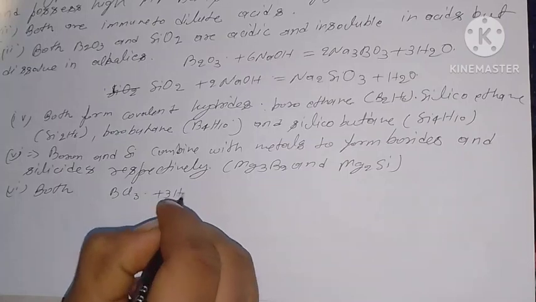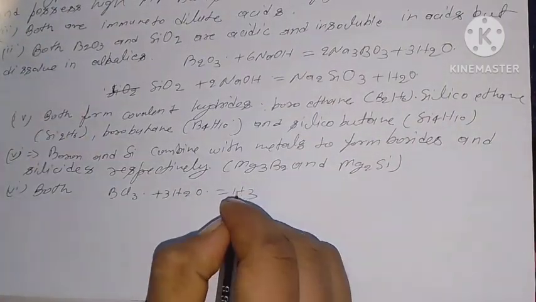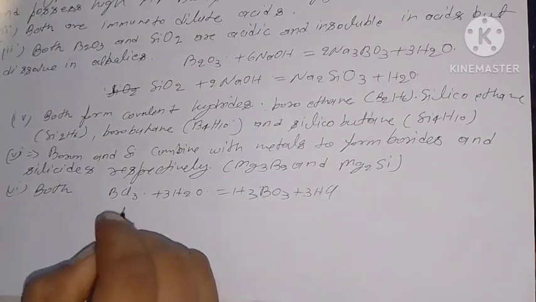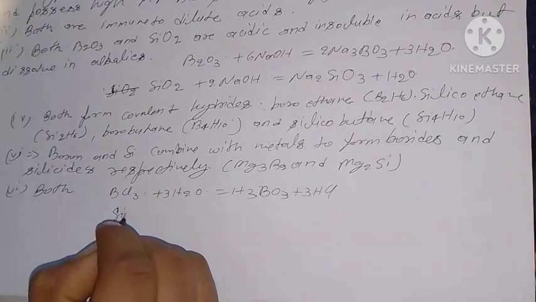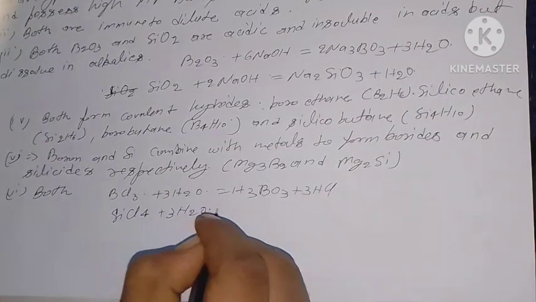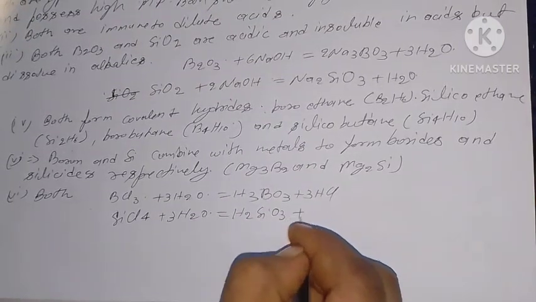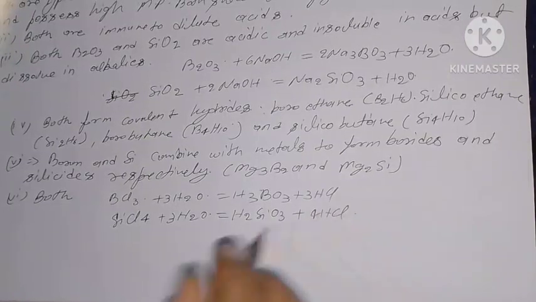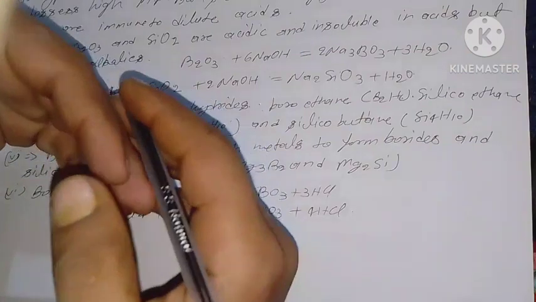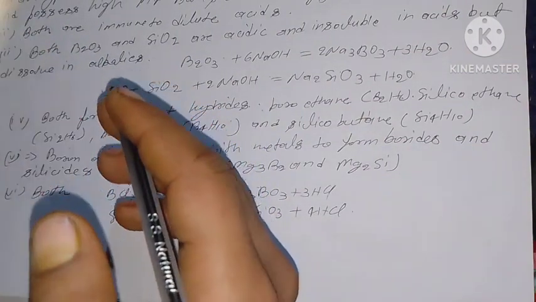BCl3 plus 3H2O gives H3BO3 plus 3HCl, and SiCl4 plus 3H2O gives H2SiO3 plus 4HCl. Okay.